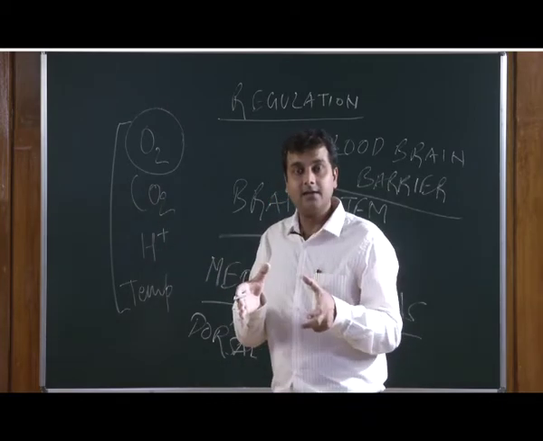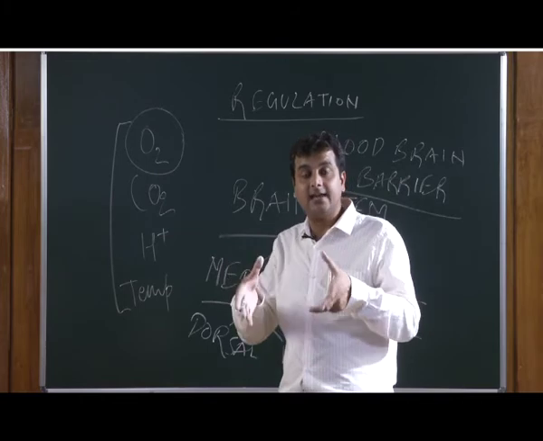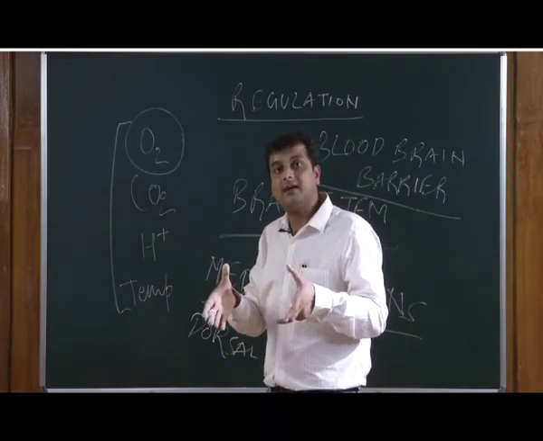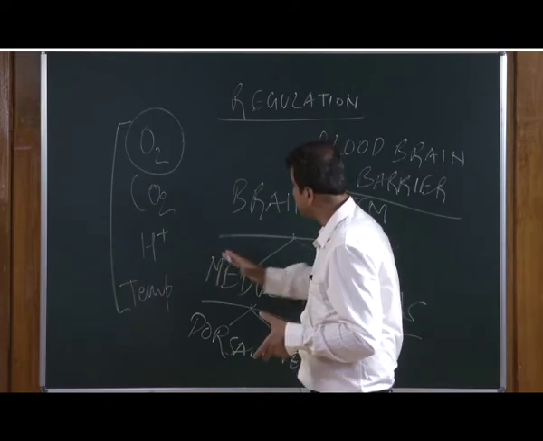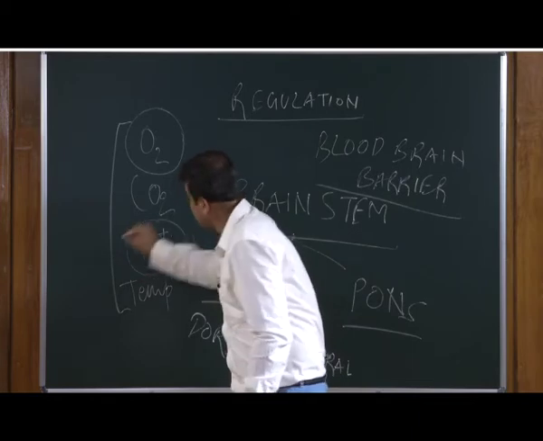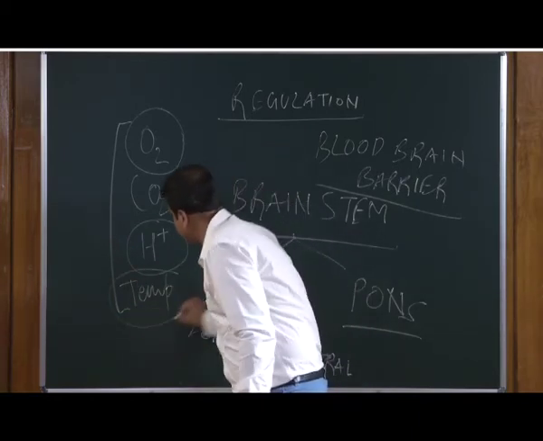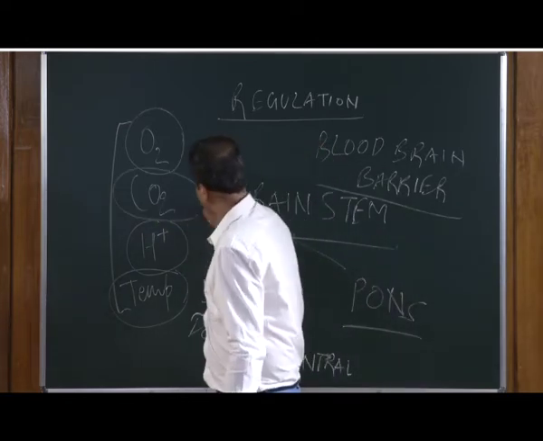Now, H plus ion is not crossing the blood brain barrier. So, H plus is not actively participating in regulating this phenomenon, because it is unable to cross the blood brain barrier. So, this is again a limitation. Temperature is not playing any role in terms of the blood brain barrier, but CO2 is very important.